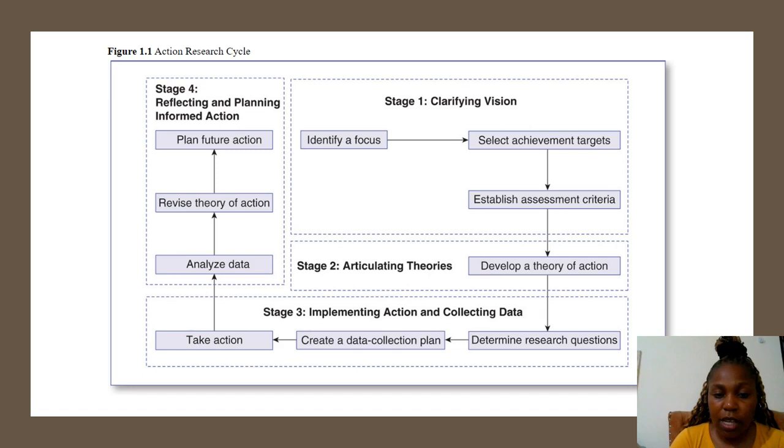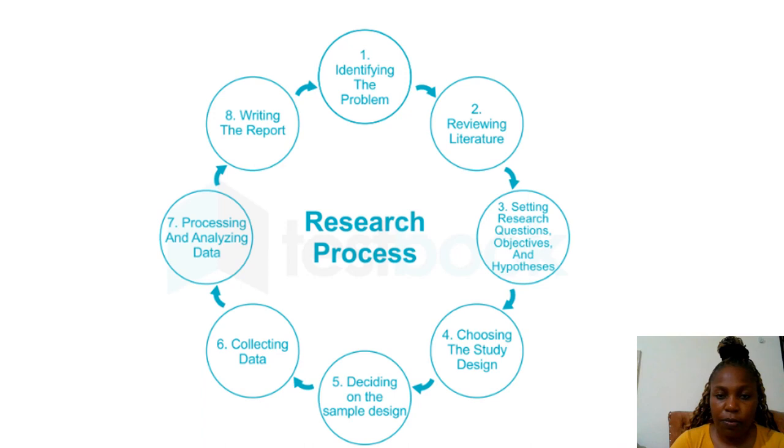Then stage 2, you have to find some theories of action which you are going to do. Then stage 3, you implement the action and collect data. When you get all the data, you have to analyze. You move to stage 4, you revise your theory of action, and then you plan future action. So you keep on doing this in the form of a cycle.